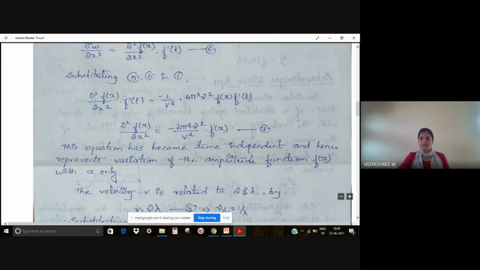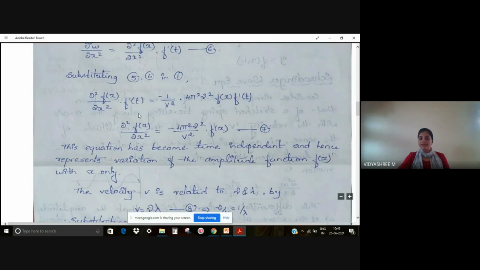Since we have f dash of t on either side, we can cancel them. Then we are left with delta square f of x by delta x square, which is equal to minus 4 pi square nu square divided by v square into f of x. This gives us equation 7.